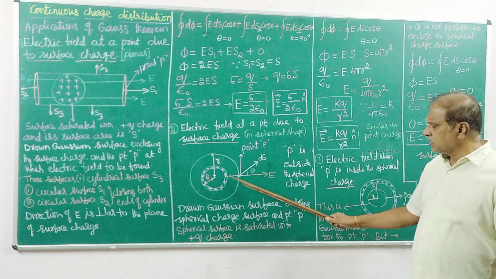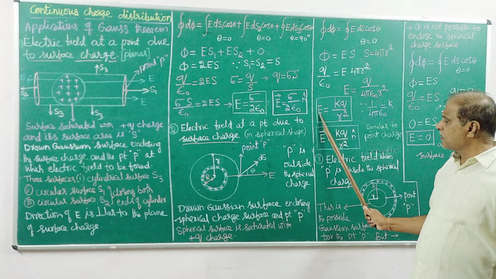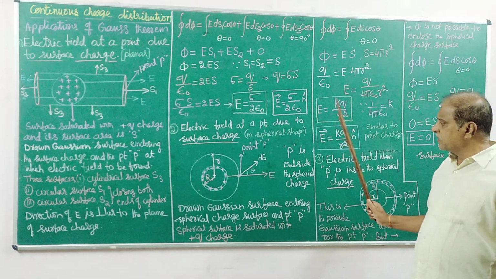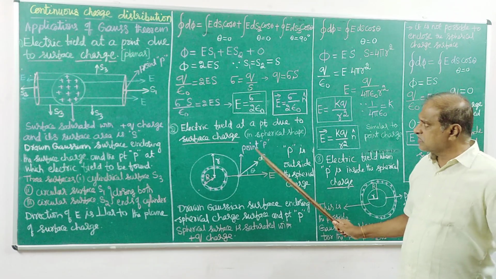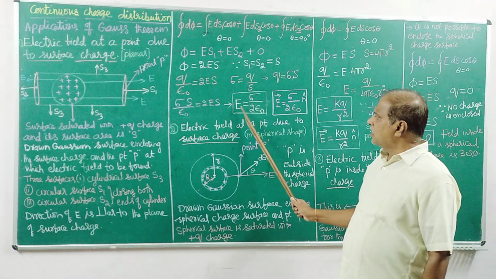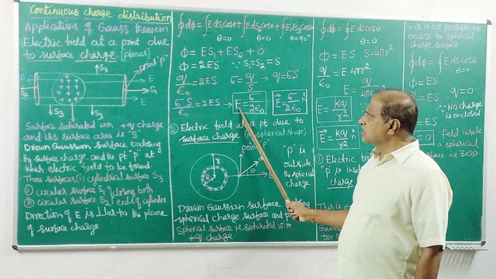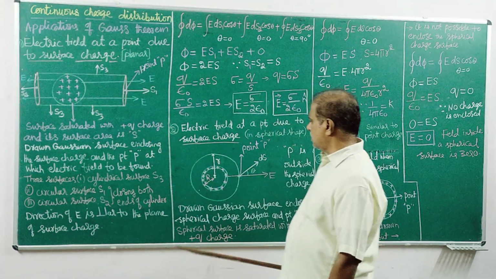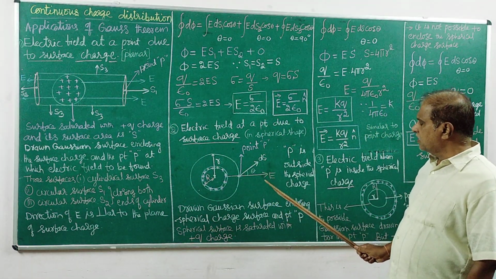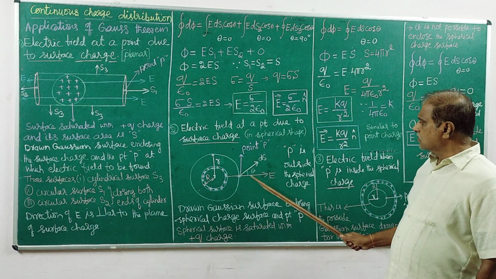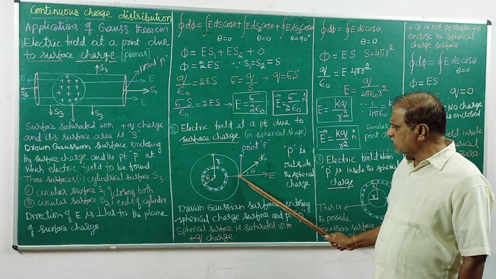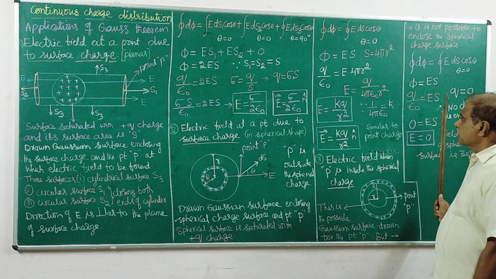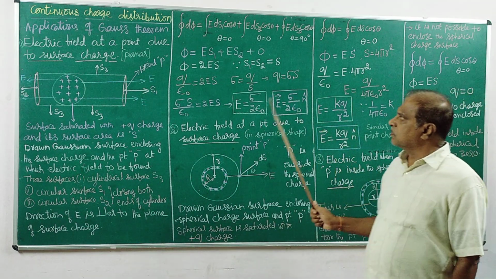As the distance increases, the electric field decreases, and as the amount of charge increases, the electric field increases. Look at the difference here. In this case, the electric field does not depend on the distance between the point and the surface charge, whereas in the other case it depends on the distance between the point and the surface charge in this spherical shape. These are the equations you get. These are the applications of Gauss theorem.